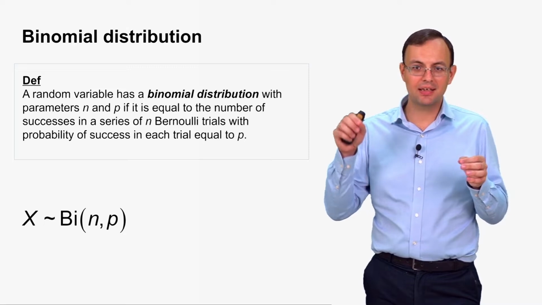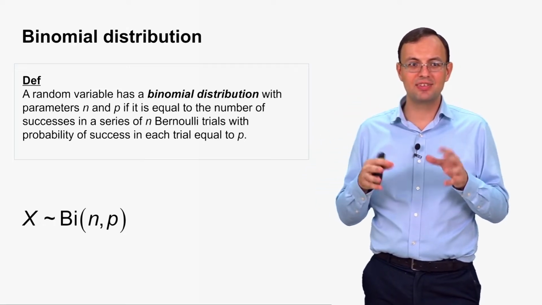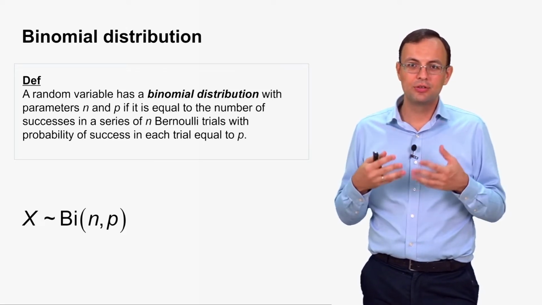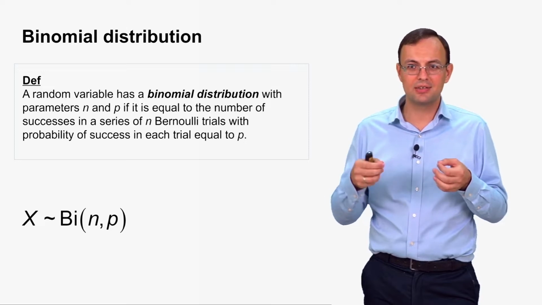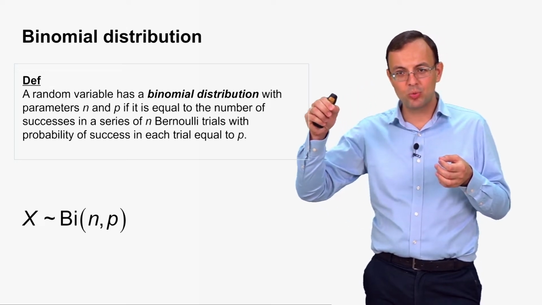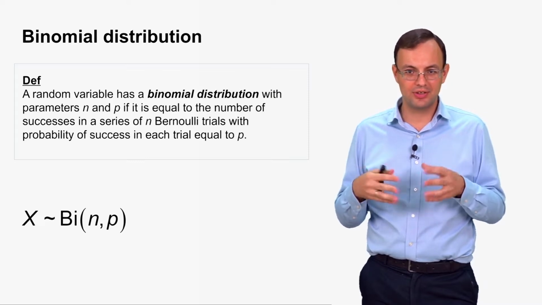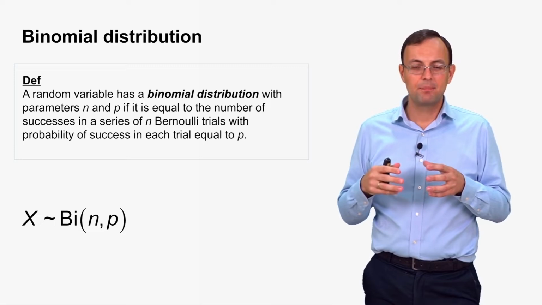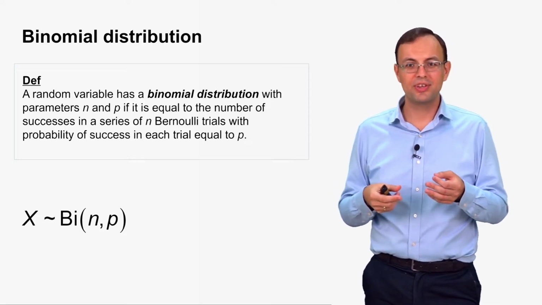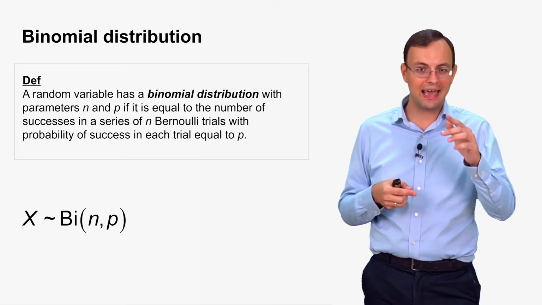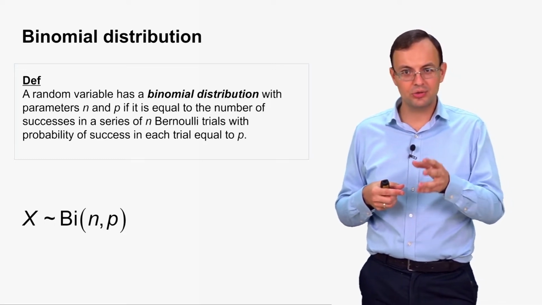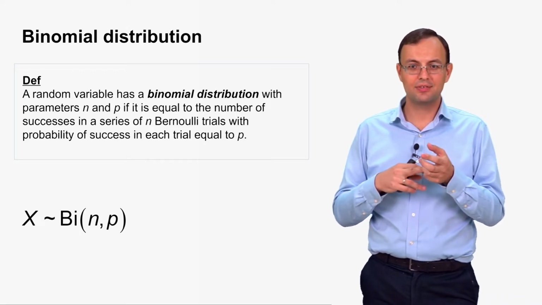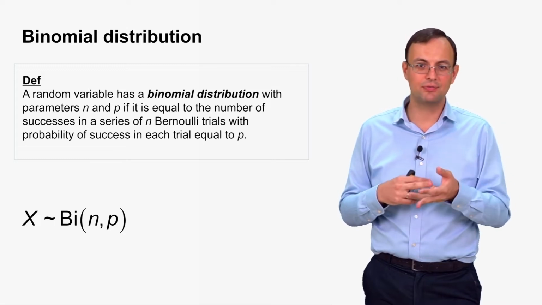So this b and n and p in brackets, this is not a function of 2 arguments. This is just a symbol. So not to write binomial distribution with parameters n and p, they usually use this short symbol for this distribution. And tilde means distributed. So this formula can be read as x is distributed according to binomial distribution with parameters n and p. So tilde is for distributed, and this sign b is for binomial distribution.